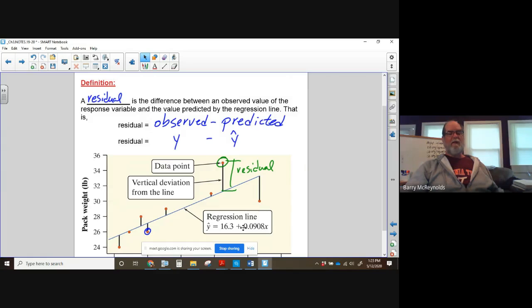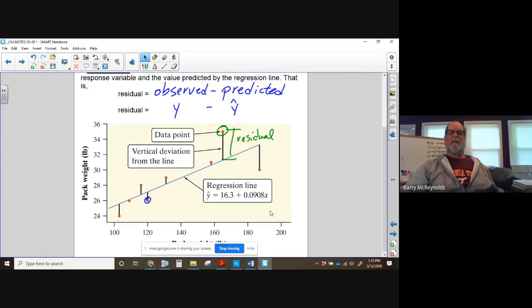Your scientific calculator will calculate it just fine, and I'll show you how to do that. But you won't be expected to do that on the test, but you will be expected to interpret, okay, what does this mean? Here's the Y-intercept, and here's the slope or the rate of change for this particular value.